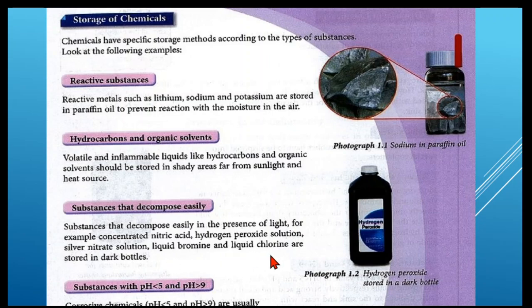Okay, sebab dia akan terurai kalau ada kehadiran cahaya. So sebab itu hydrogen peroxide for example, dia disimpan dalam dark bottle dan juga dalam rak yang gelap. Okay, sebab kalau tidak in the presence of light dia akan senang untuk terurai atau decompose lah. Alright.